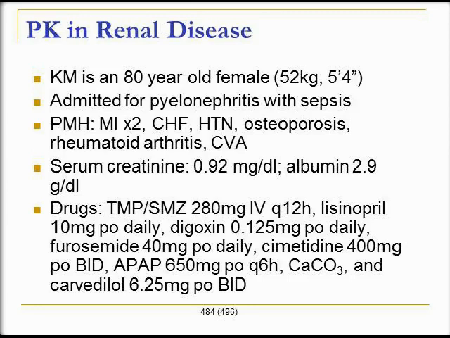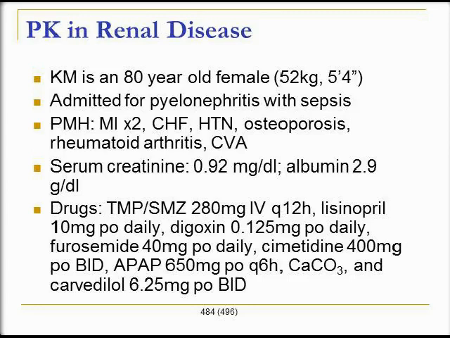All right, moving on now to pharmacokinetics in renal disease and pharmacokinetics in hepatic disease. So looking at pharmacokinetic parameters in special populations. So I have two equations there on the bottom of page 484. This is KM. KM is an 80-year-old female. She was admitted for pyelonephritis with sepsis.